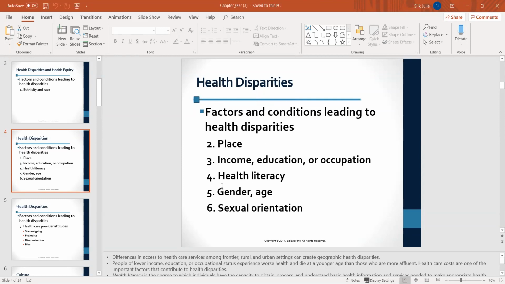Oh, and on this slide, it also mentions sexual orientation. How do you think that affects access to care? Do you remember last term when we had some kind of conversation about transgender people, and how a lot of doctors don't have the knowledge about how to take care of someone like that?